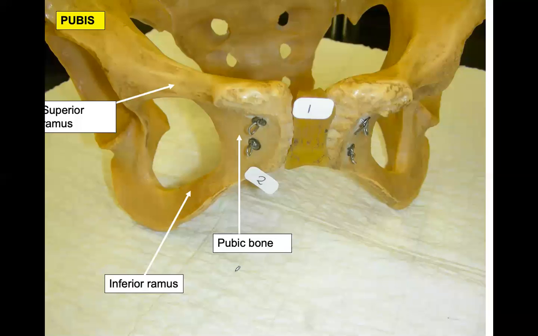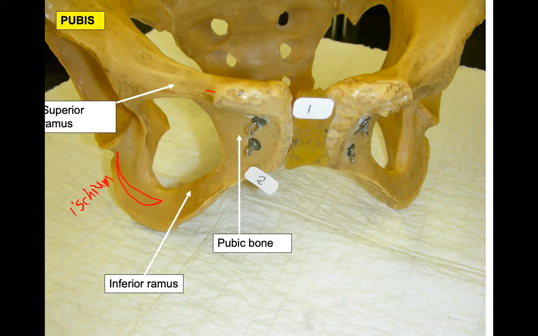On the front view, again, this bone right here is my ischium. And this bone right here is my pubic bone. Here's another pubic bone, and they come together basically. The area on the top is the superior ramus, the area right below is the inferior ramus.